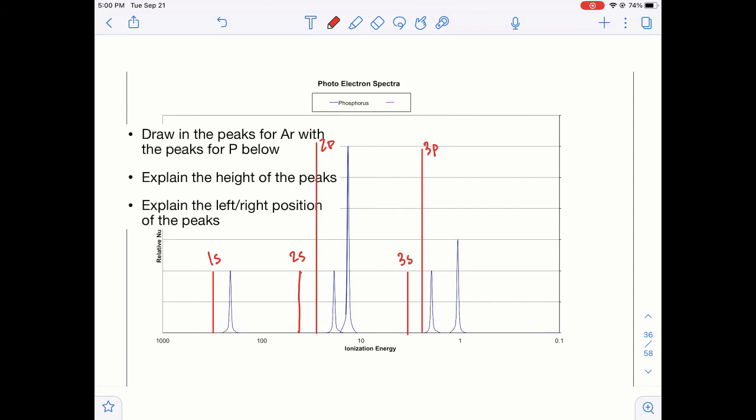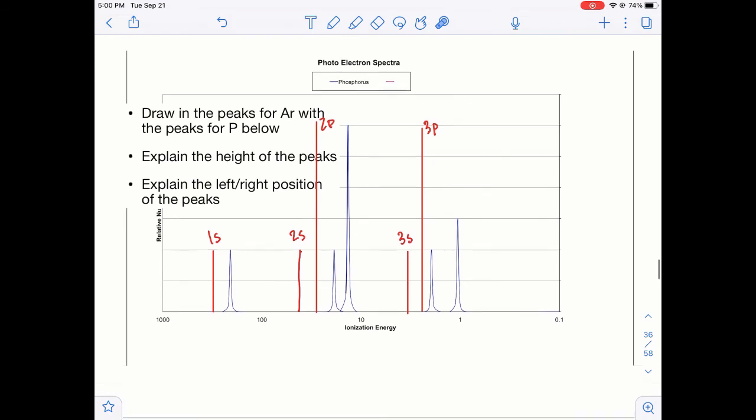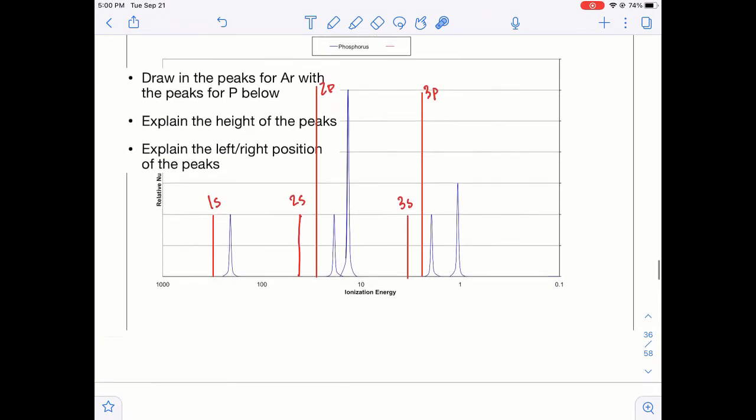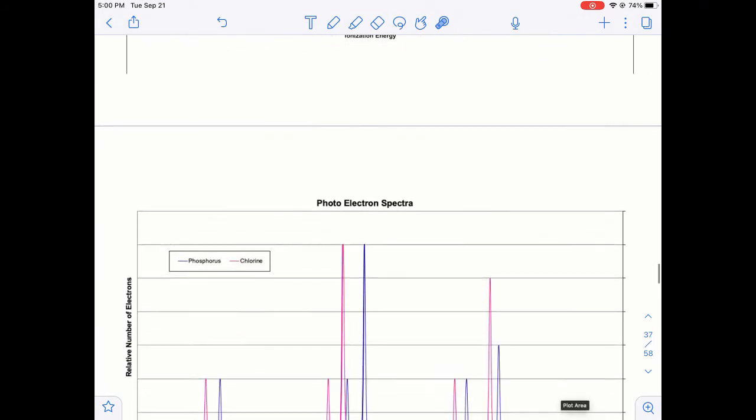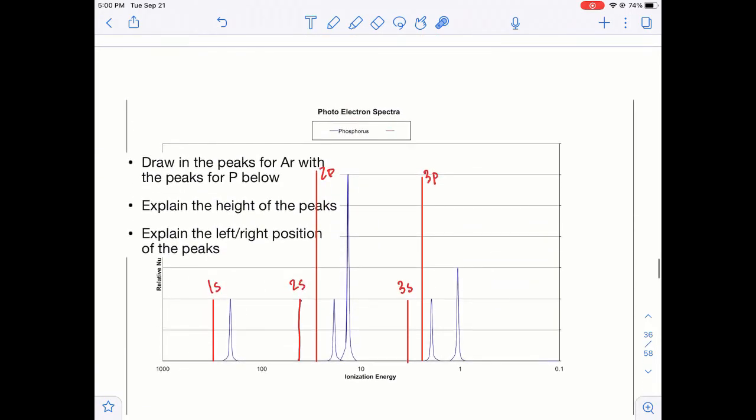So if you drew yours so that everything was shifted to the left, because to the left of this is a higher ionization energy, then you're good. And the only thing that's going to be primarily different is going to be the height of 3p. So this is our 1s, 2s, 2p, 3s, and 3p.